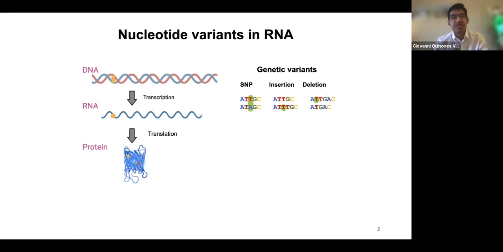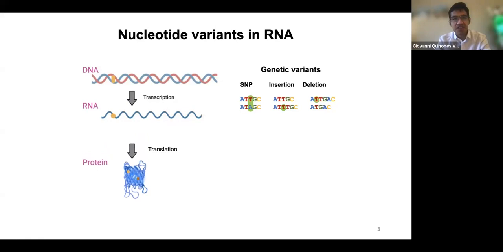This type of variant has been very widely studied. Many different types of analysis have looked into the role that this type of genetic variant plays in different traits, in different diseases, and so on. A lot of times focusing only at the DNA level, but also trying to focus on the effect they may have at the level of RNA.